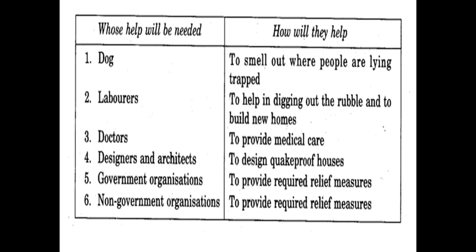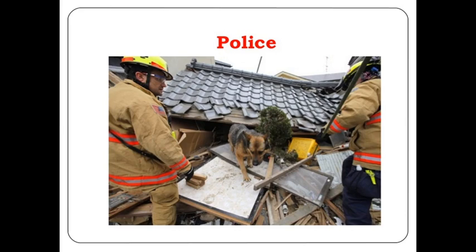So for that we have to design quake-proof houses, and they are designed by designers and architects. Then some government organizations and non-government organizations provide the required relief measures. So like that help arrives at the time of disasters.